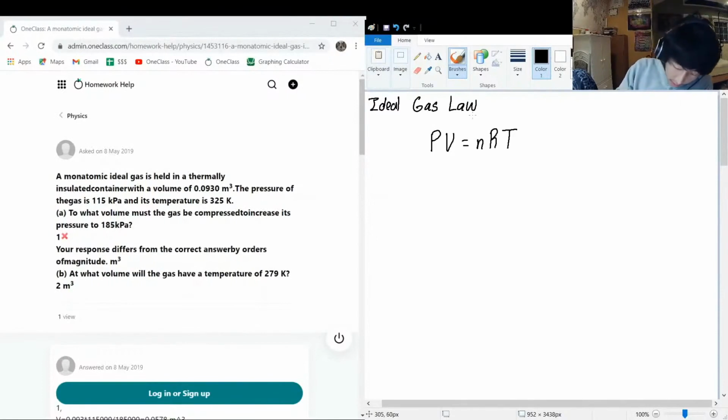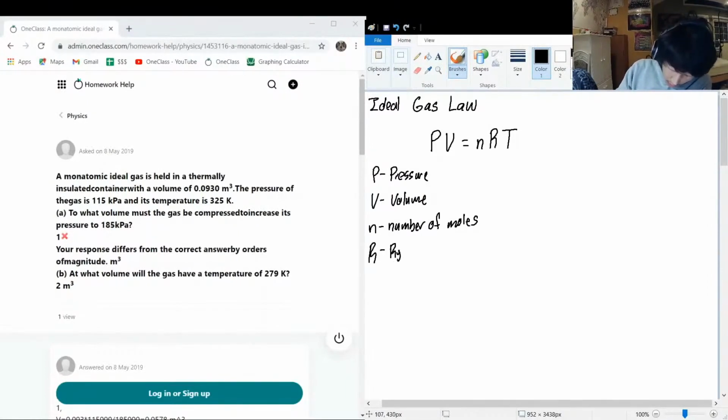P is pressure, V is volume, n is number of moles, R is the gas constant, and T is temperature in Kelvin.